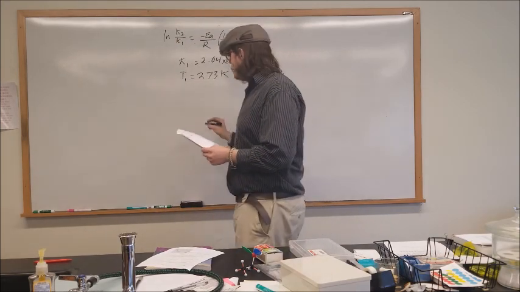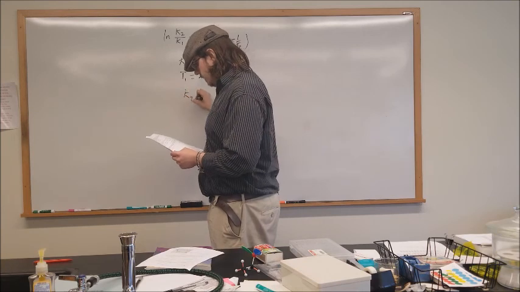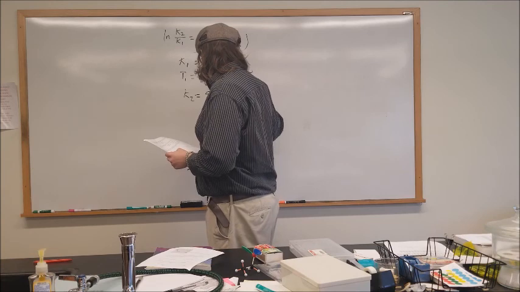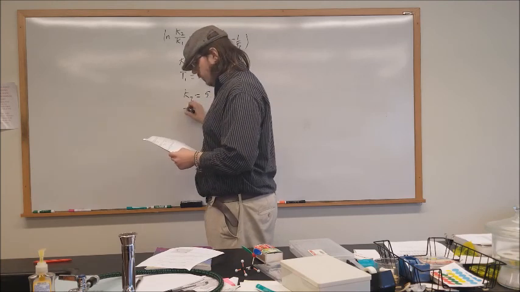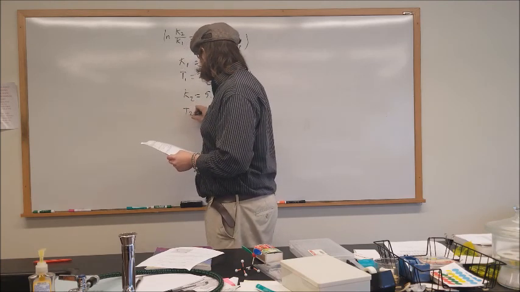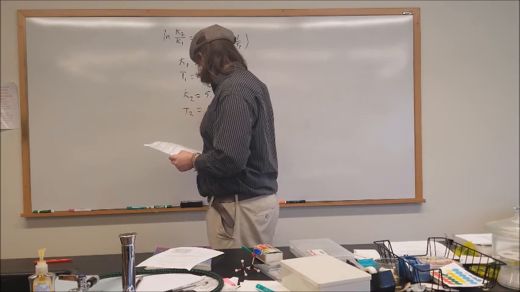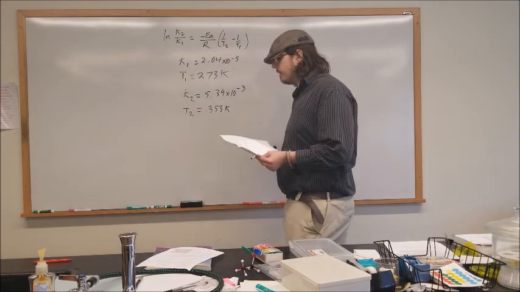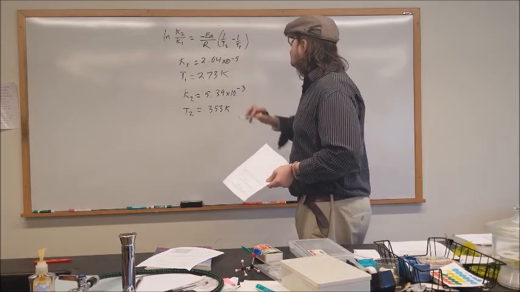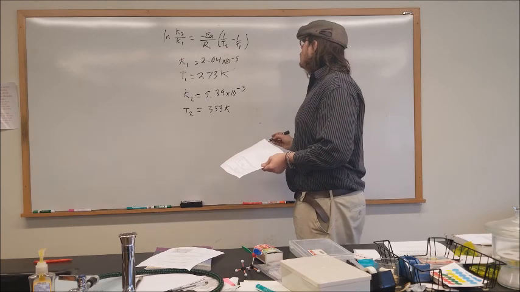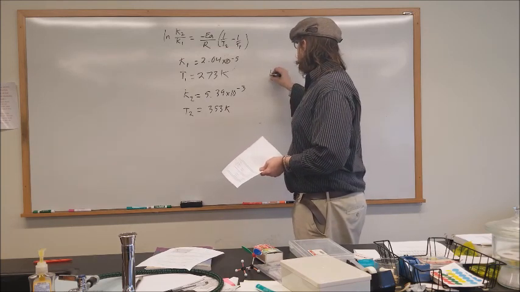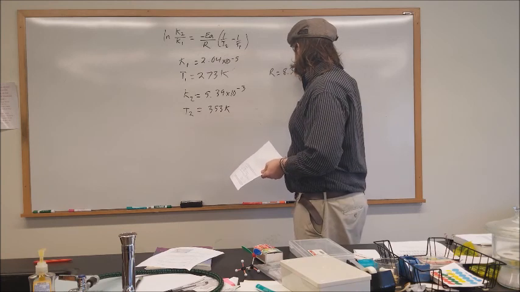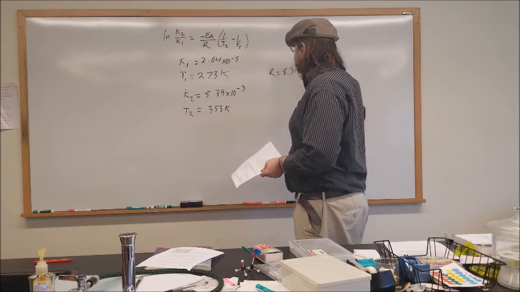The rate constant is 5.39 times 10 to the negative third when the temperature has been raised to 80 degrees, which is 353 Kelvin. And I ask you, what is the activation energy? What is our Ea? The only thing we need right there is R, which is 8.314 joules per mole Kelvin.